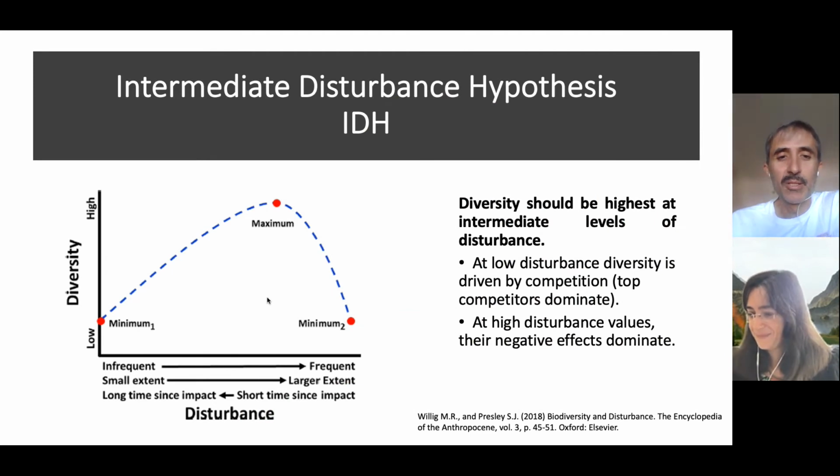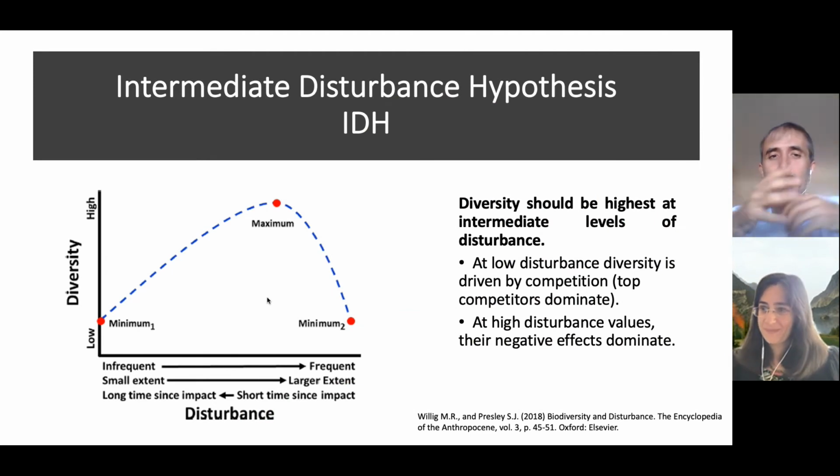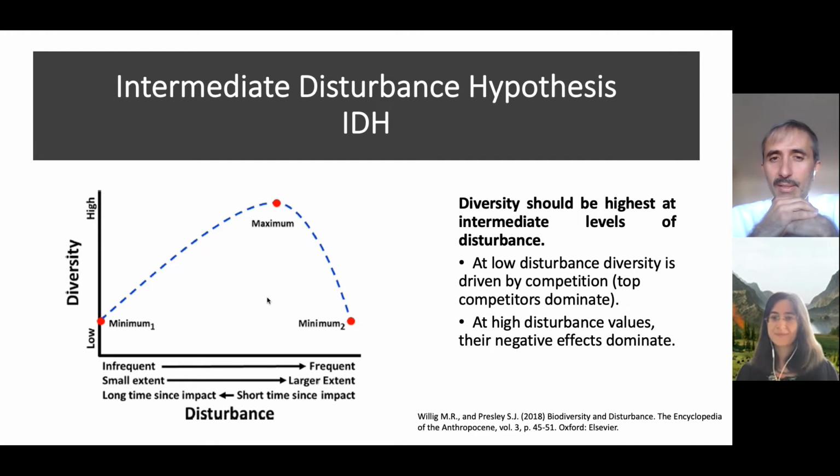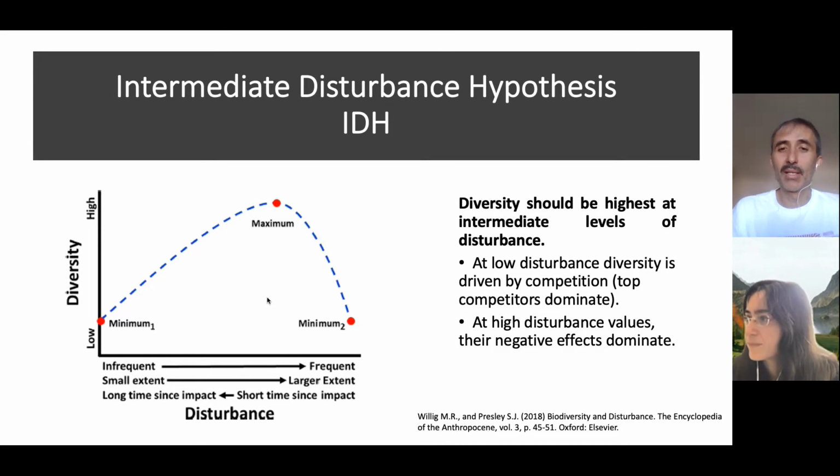Thanks, Mara. This relationship between biodiversity and disturbance is summarized in a very well-known hypothesis, the intermediate disturbance hypothesis. To understand it, we can think that plants or species need to maximize the use of resources, and it depends on the environment and the interactions they face. They need to have strategies.